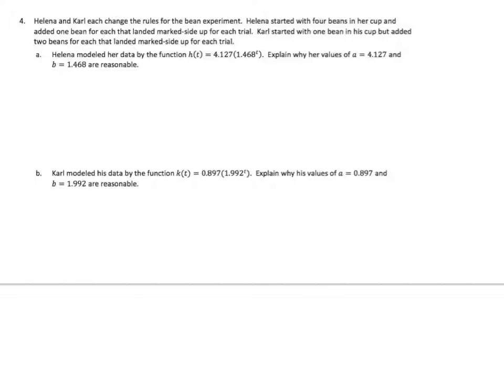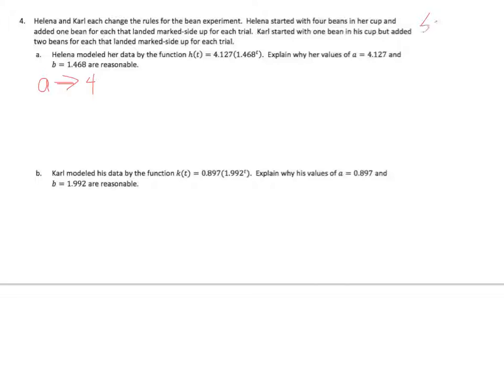Helena modeled her data by the function h of t. Explain why her values of A equals 4.127 and B equals 1.468 are reasonable. So Helena started with 4 beans, so we should expect A to be pretty close to 4.